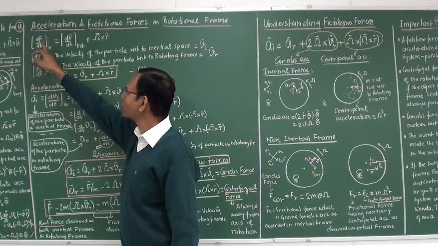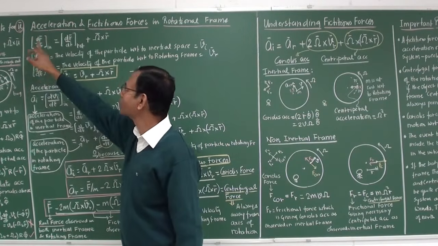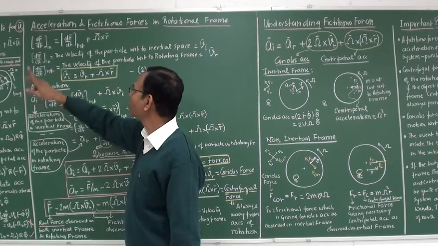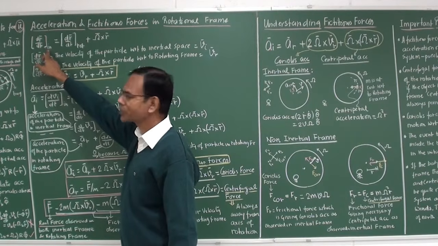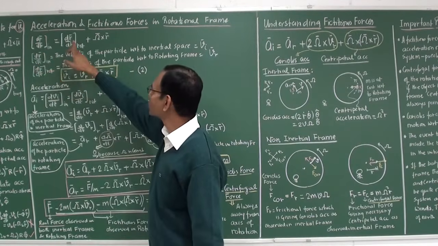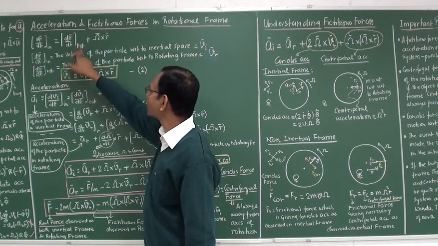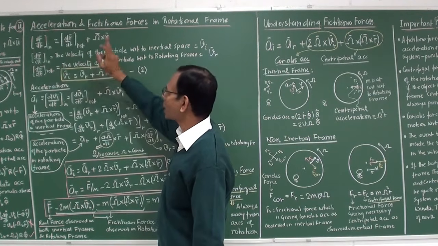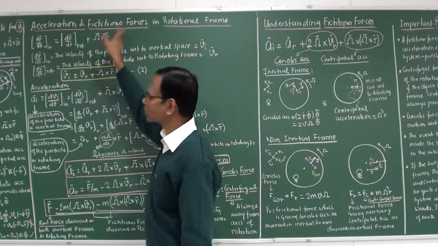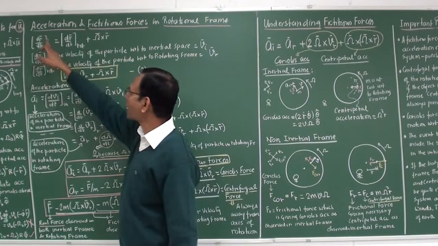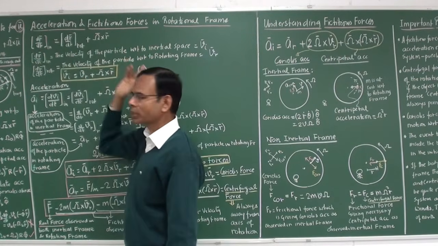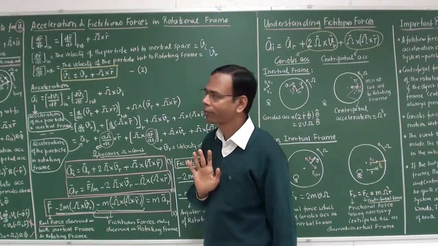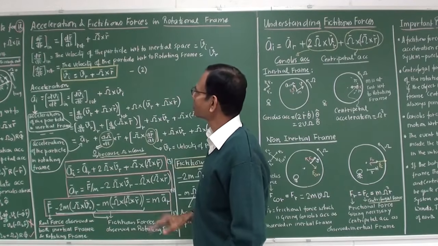So suppose I write only r in this operator form. So dr by dt inertial is equal to dr vector by dt rotational plus omega cross r. R is the same throughout, and we know that r in the inertial frame and r in the rotational frame are also the same. So this is perfectly fine.